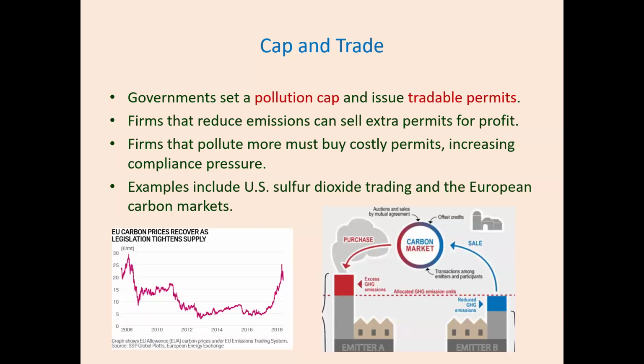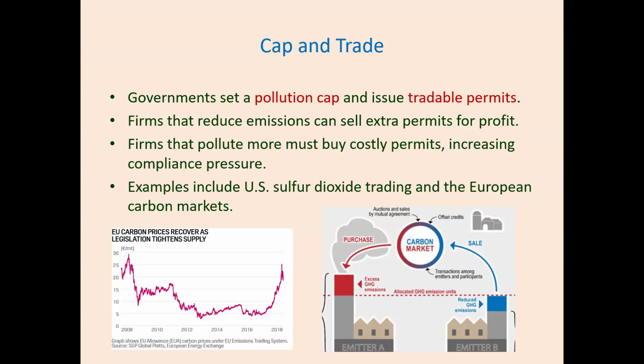Now, firms have to buy these permits. So if you think of a power plant that uses coal, they are producing a lot of sulfur dioxide, a lot of carbon dioxide, so they will need to buy permits to create that pollution.